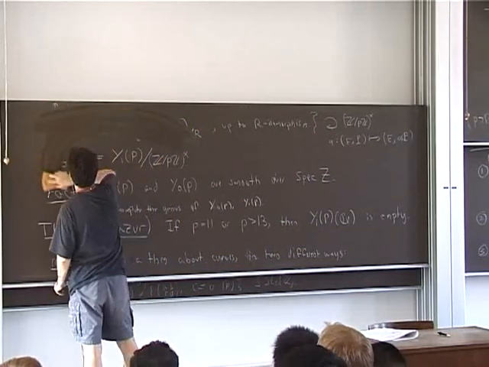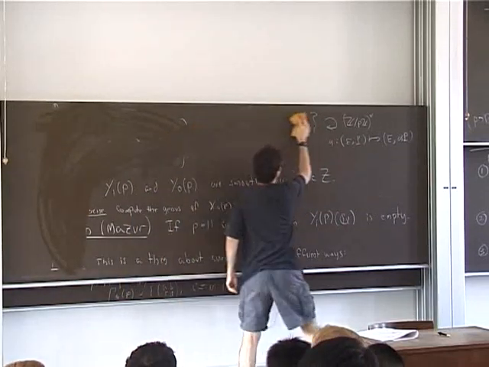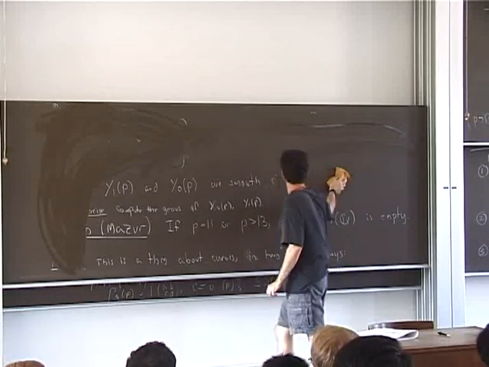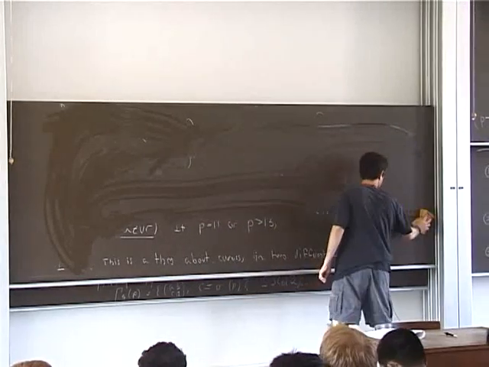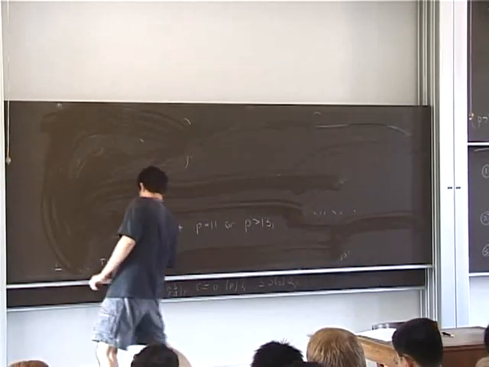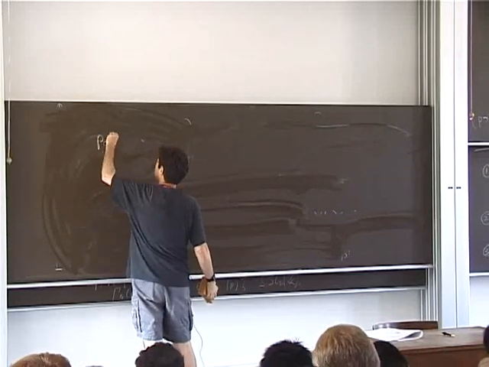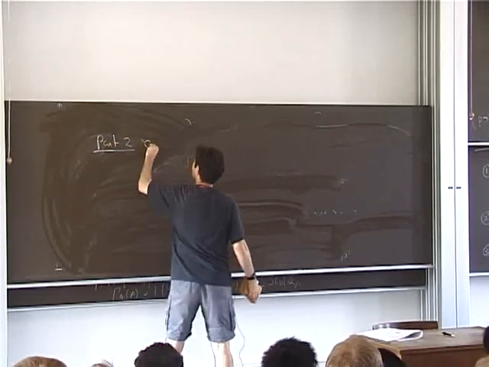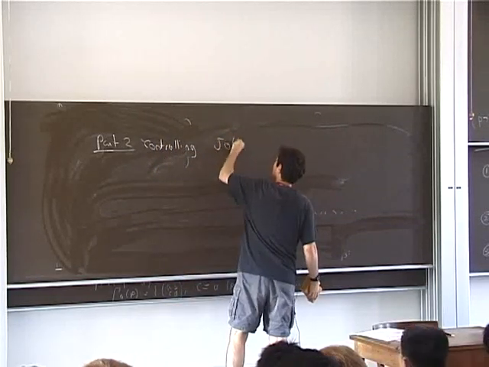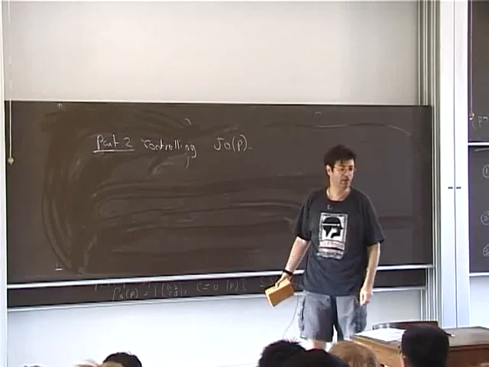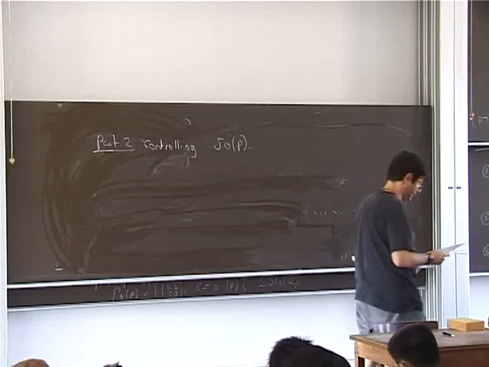So the second part now is to try to control the Jacobian J_0(p). So this is part 2 of my talk, controlling J_0(p). How can we control this abelian variety and produce a quotient with finite Mordell-Weil group?